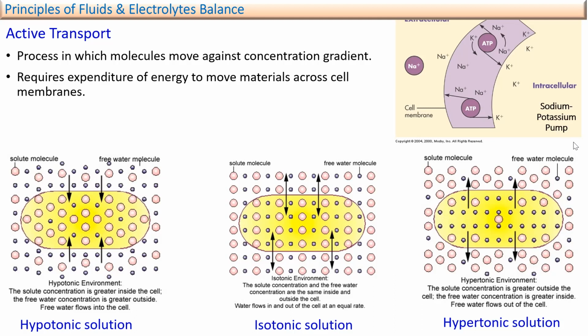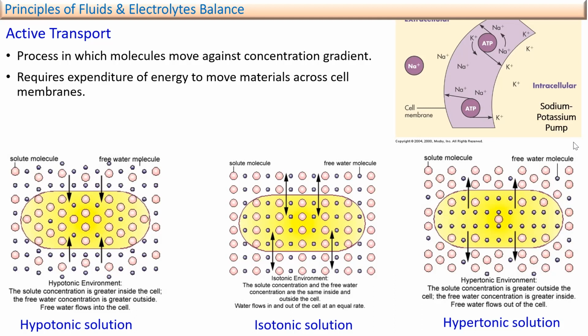In other words, we have more concentration inside the cells than outside the cells. Because of that, more water is going to flow from outside the cells into the cells.